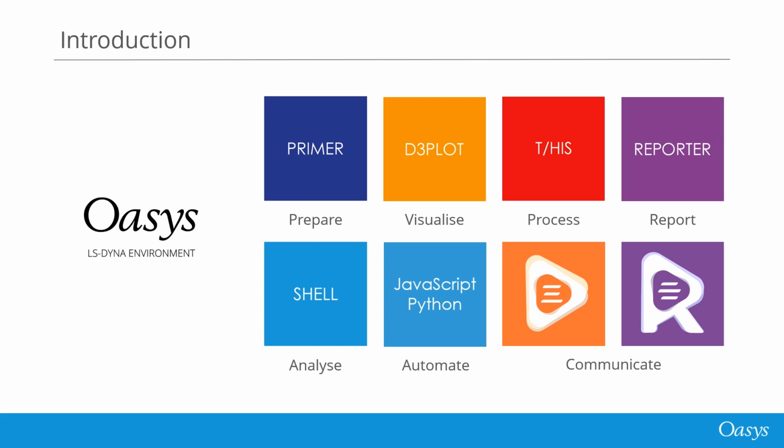It supports multiple models and is heavily integrated with other Oasys LS-DYNA software such as Primer, THIS, and Reporter, resulting in unrivaled ease for in-depth analysis, investigation, comparison, and reporting of simulations. The complementary D3plot viewer and report viewer bring your LS-DYNA analysis to a wider audience with easy access for teams, suppliers, and clients.